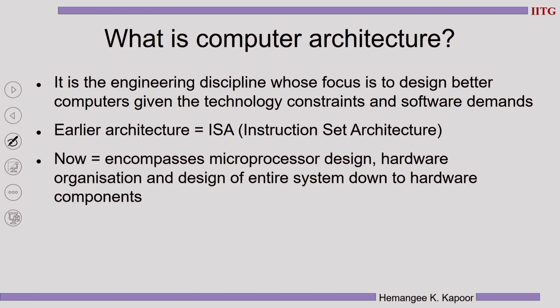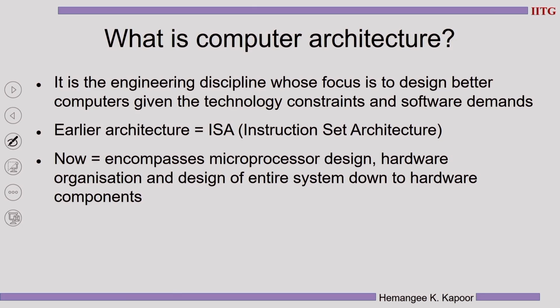However, as time passed, ISA designs got saturated and there was nothing more significant to be designed. So, only minor improvements happened on the ISA, and to give better and better performance to the end user, we had to think of something more.